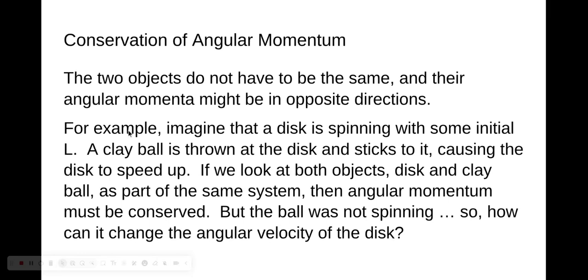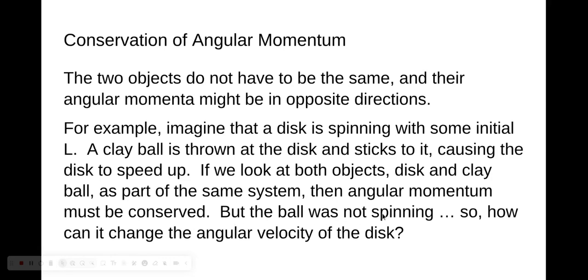The ball can fly off at different angles depending on how experienced you are, how good you are at hitting it. Anyway, for example, imagine that you have a disc that's spinning with some initial angular momentum, L, and now a clay ball is thrown at the disc and sticks to it, causing the disc to speed up. If you look at both objects, the disc and the clay ball, as part of the same system, then the angular momentum must be conserved.